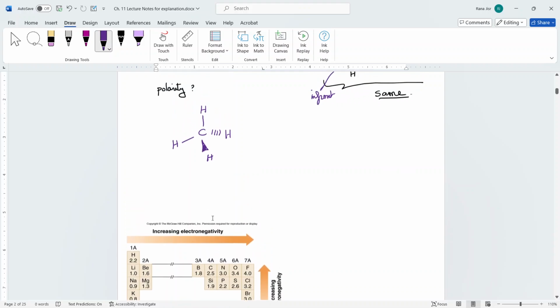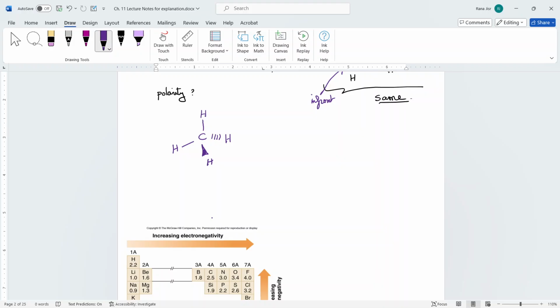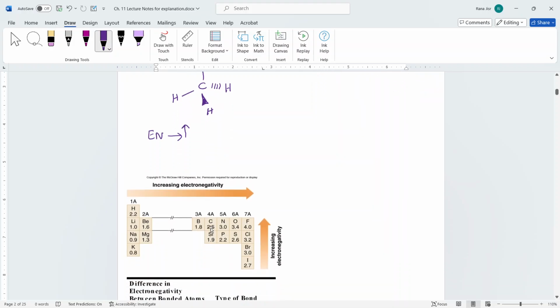Electronegativity normally increases from left to right in a period and from bottom to top in a group. If I am comparing carbon and hydrogen, carbon is more electronegative. But the difference in the electronegativity is really low, because carbon is 2.5 and hydrogen is 2.2. So this is very low.